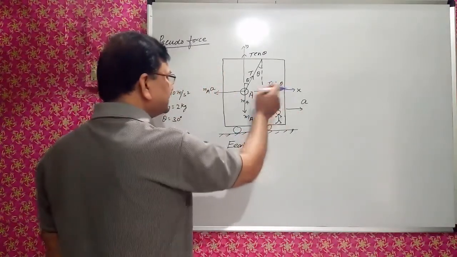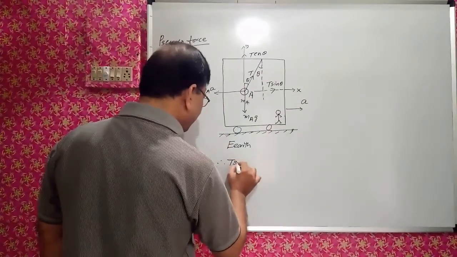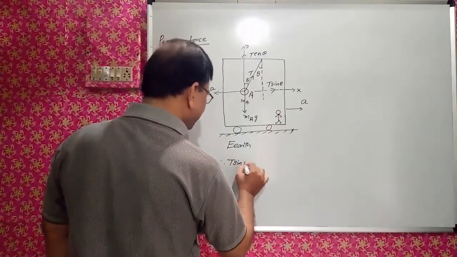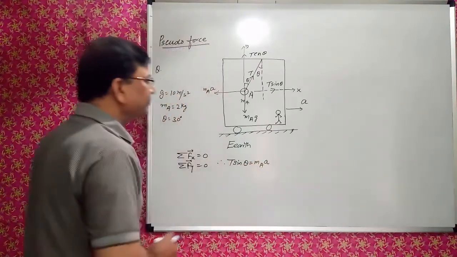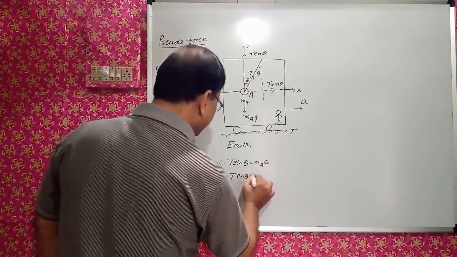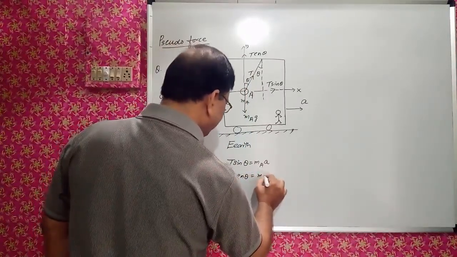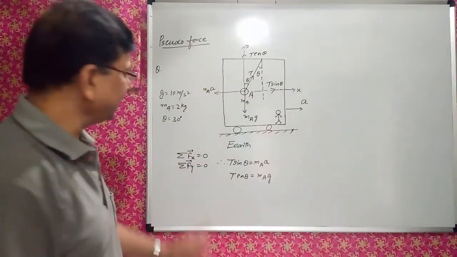Means T sin theta is this direction, ma is this direction, therefore T sin theta is equal to ma into a, right? And T cos theta is equal to mag.